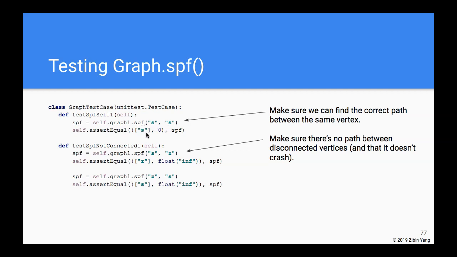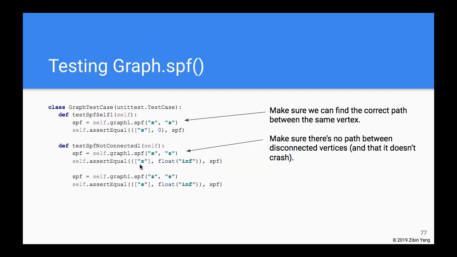We would expect, in that case, that it returns the path with just the vertex itself at a cost of 0. And then another test, if we try to go to a destination vertex that's disconnected from the rest of the vertices. So from S to Z, Z is totally disconnected.